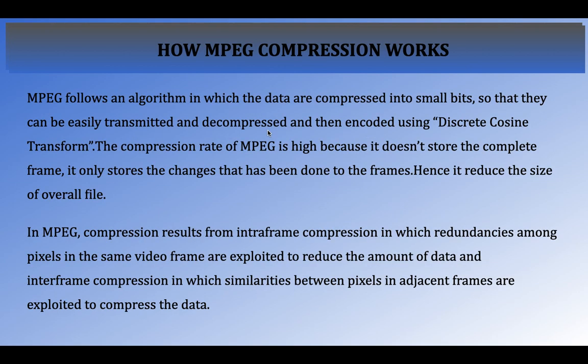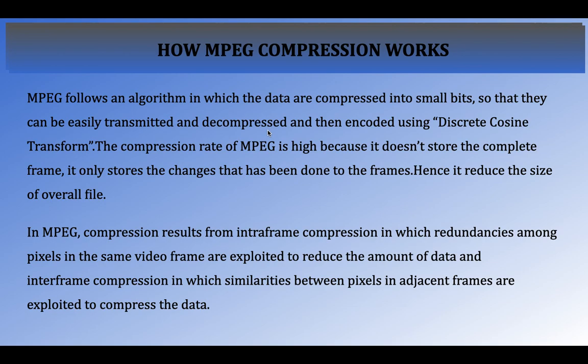So, how does MPEG compression work? The MPEG algorithm compresses the data into small bits. These bits can be easily transmitted and decompressed, and then the video is encoded through a technique called discrete cosine transform, known as DCT. The compression rate of MPEG is very high as it stores only the changes that occur from one frame to another frame.